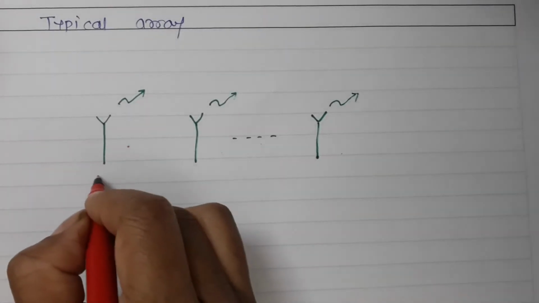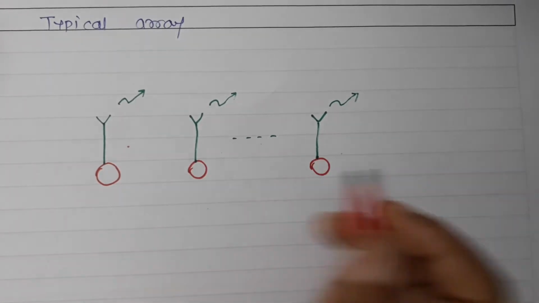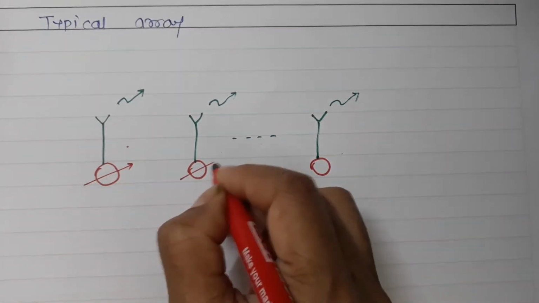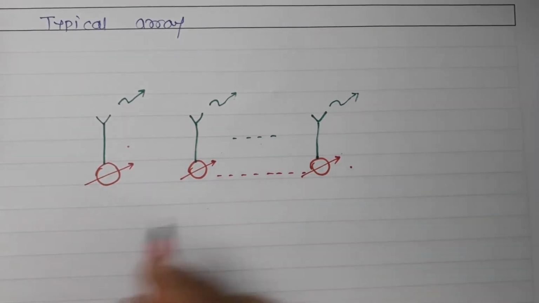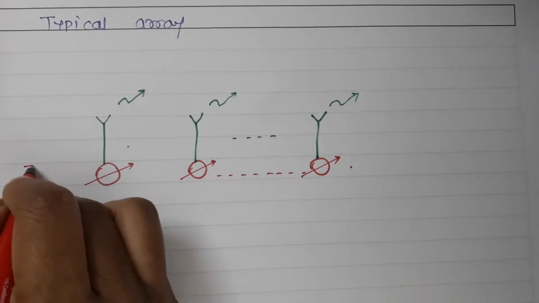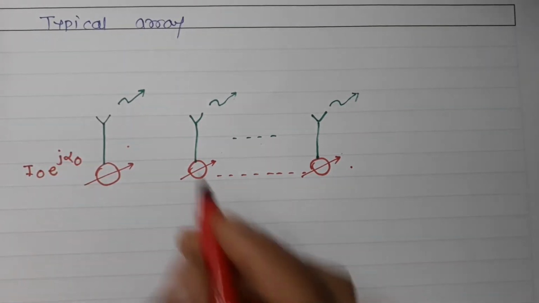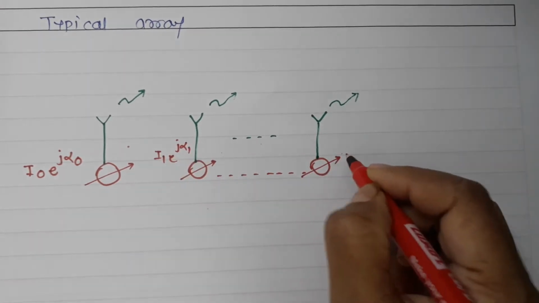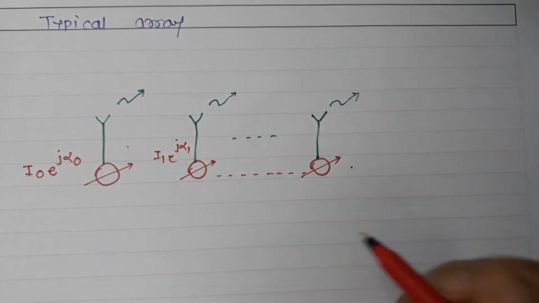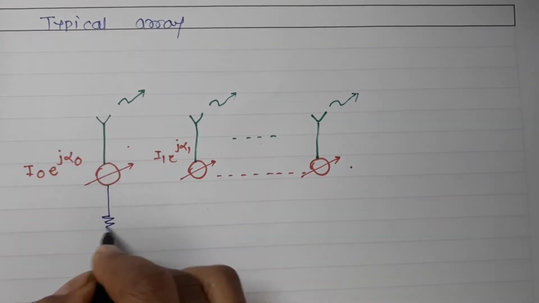Now each antenna will be connected with phase shifters. Okay, so I'll have this kind of structure, which is called the phase shifter, and the input given is I0 e raised to j alpha 0, here I1 e raised to j alpha 1, and this is the nth one.